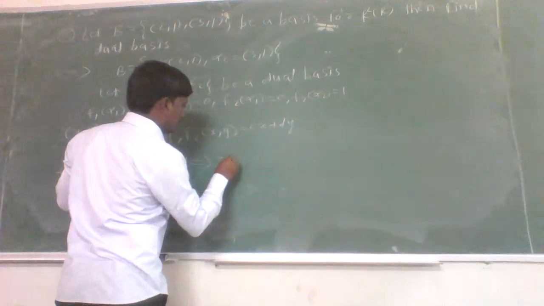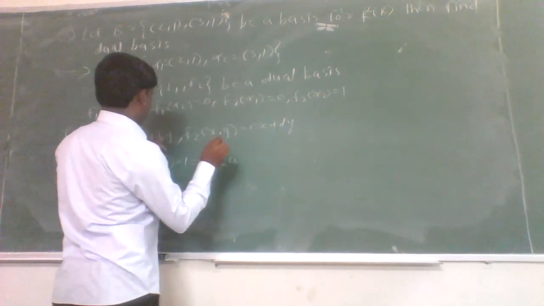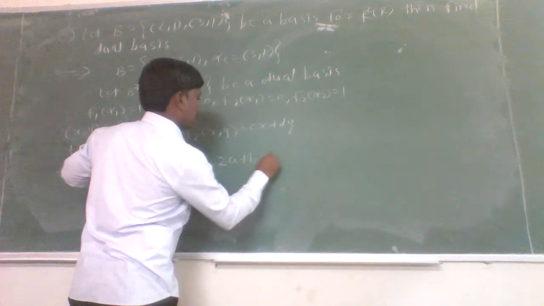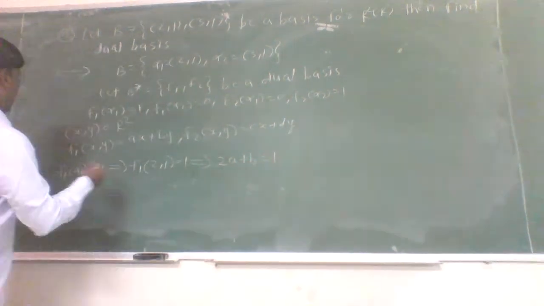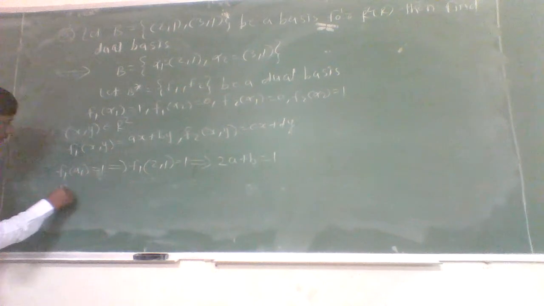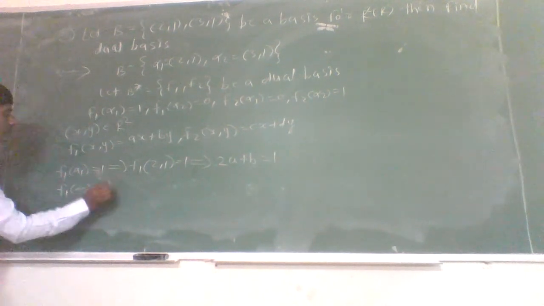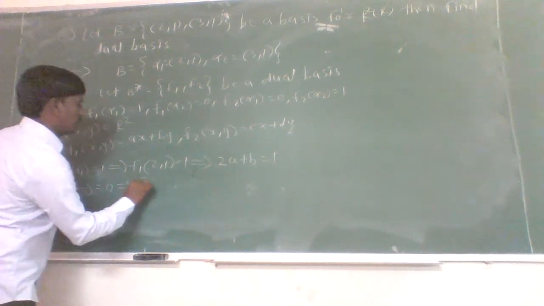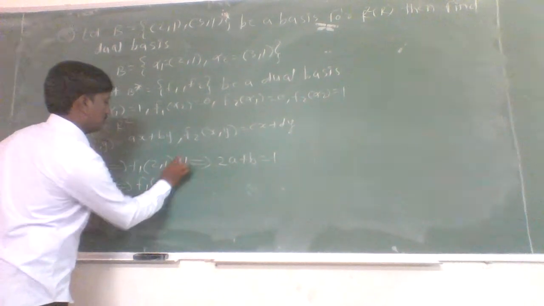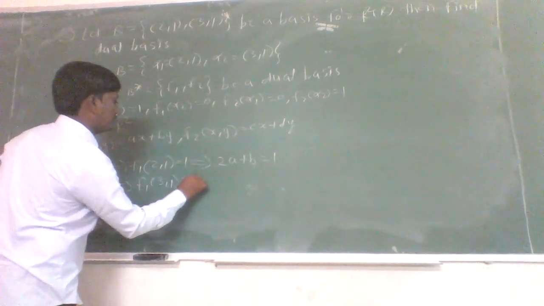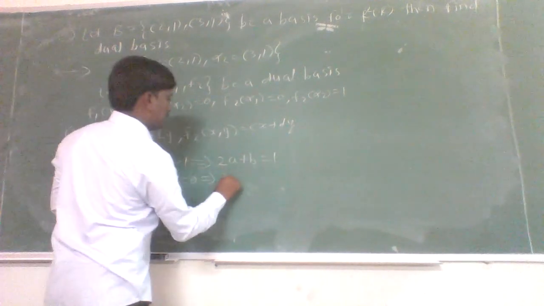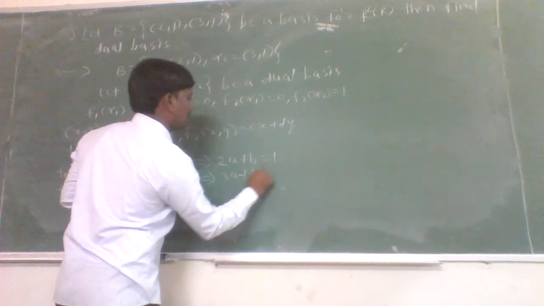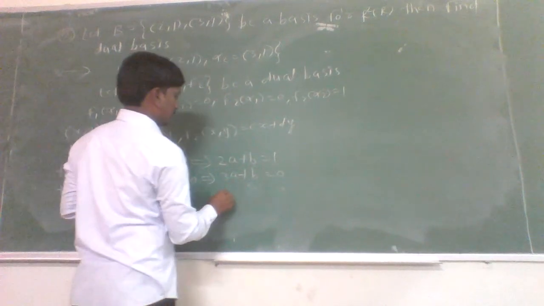And f1 of alpha 2 equal to 0, which implies f1 of (3, 1) equal to 0, 3a plus b equal to 0.